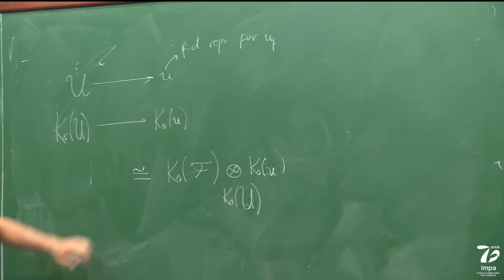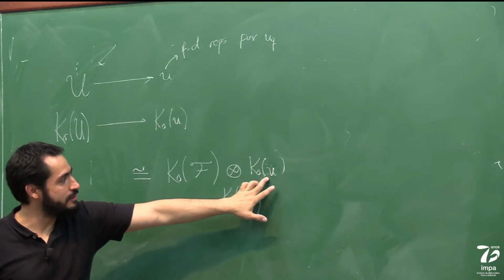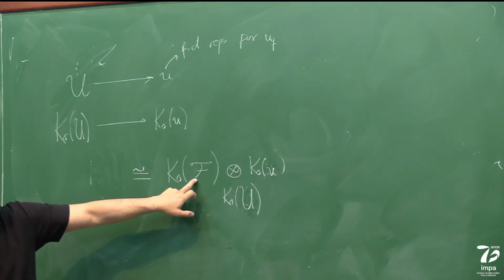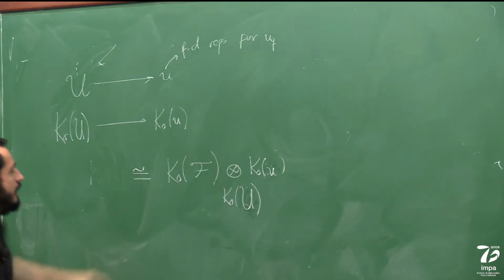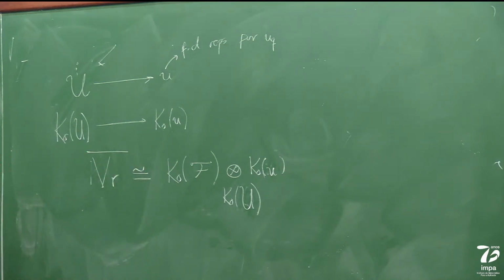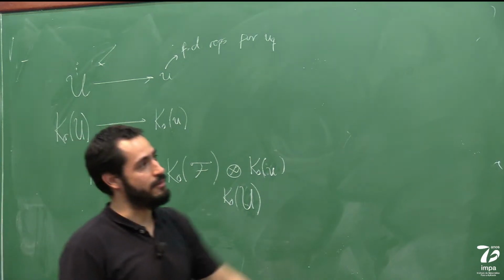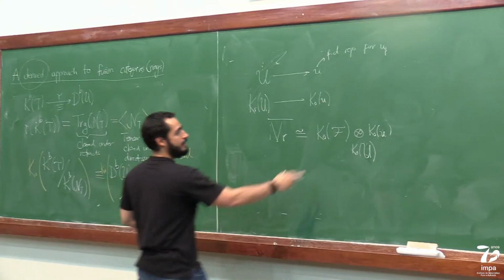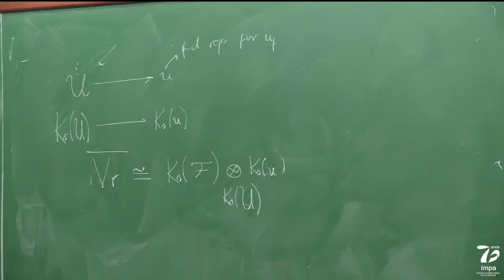She considered the Grothendieck ring of the small quantum group tensor with the usual fusion ring, and this she found, this is something that she calls the Belinde algebra for the small quantum group. The usual Belinde algebra is just the algebra of characters for the simple modules, which coincides with the usual fusion ring for the big quantum group.